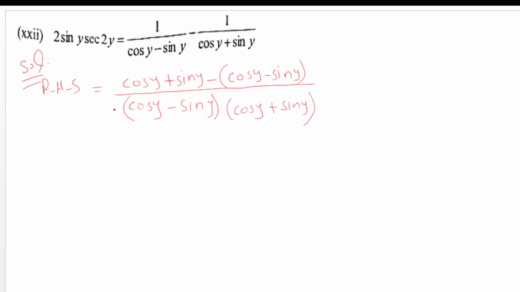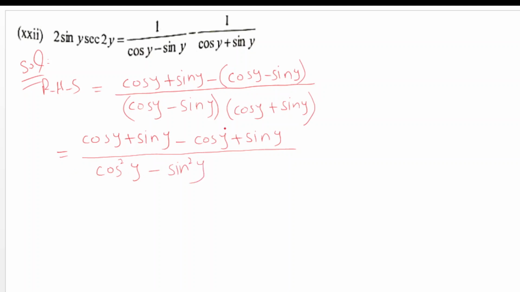So now we need to open the bracket first of all. So cos y plus sine y, and then negative cos y plus sine y. At the bottom, a minus b, a plus b, so we'll write cos square y minus sine square y. So here cos y will cancel out, and 2 sine y is over there, 2 sine y over cos 2y, so basically cos 2 alpha, you know the formula of this.